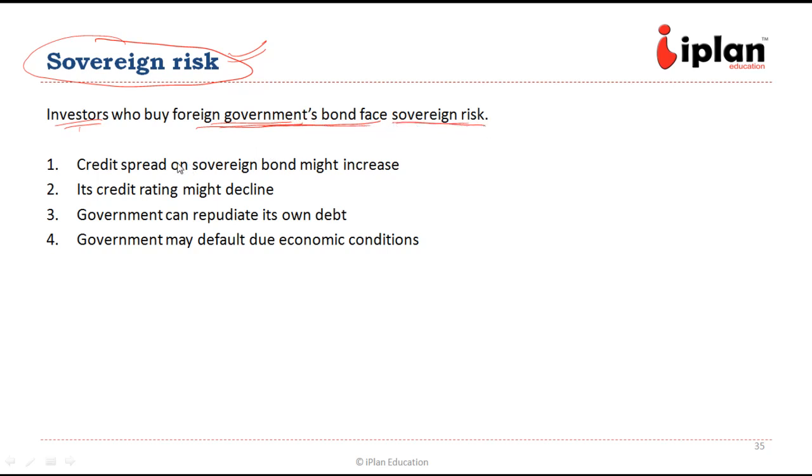There is a possibility that credit risk might increase because of poor credit rating of that particular country. So the credit rating might decline, or government can repudiate its own debt, or there could be some difficult economic conditions because of which the government is forced to default. So because of all these reasons, the sovereign risk may arise.